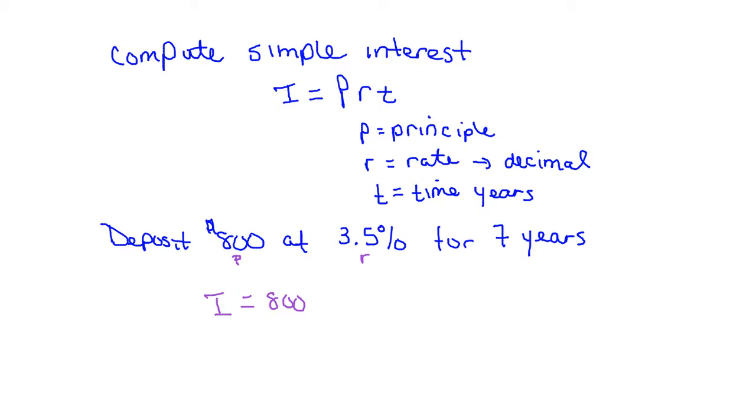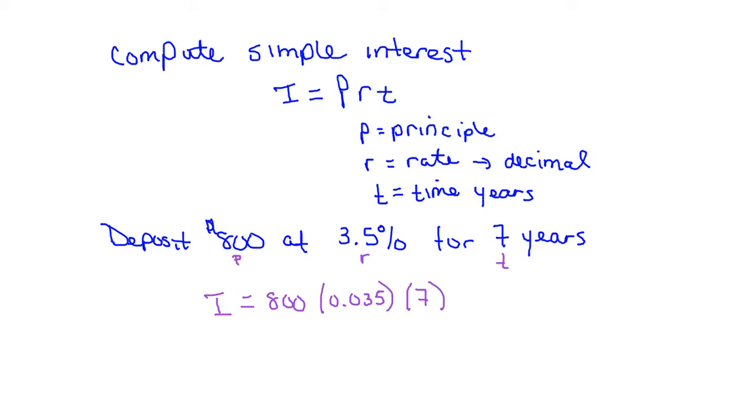So it is 0.035. And then time is 7 years. And then we want to multiply those out and get an answer. You probably will need a calculator for these ones.